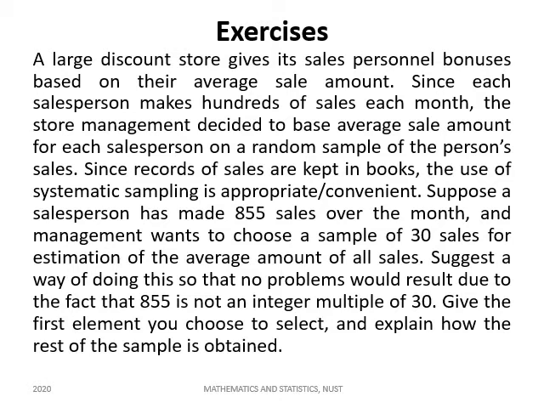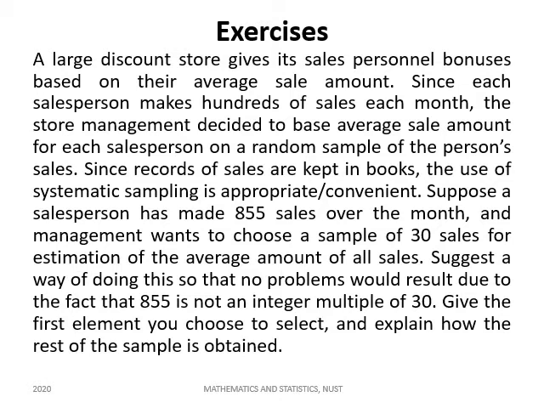So the way you would do it is still, you would say 855 divided by 30, and you would get 28.5. Now you may round this 28.5 to 29, or you may round it to 28. I would round it off to 28.